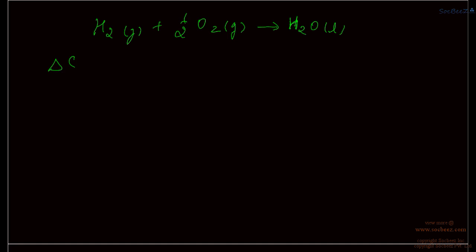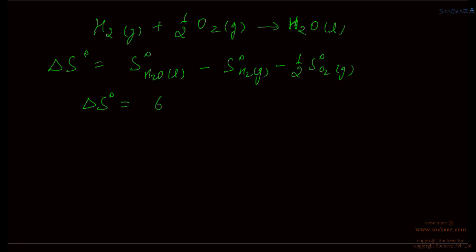Now delta S, as we know, equals sigma of S of products minus sigma of S of reactants. So delta S equals S naught of H2O in liquid form minus S naught of H2 in gaseous form minus half of S naught of O2 in gaseous form.